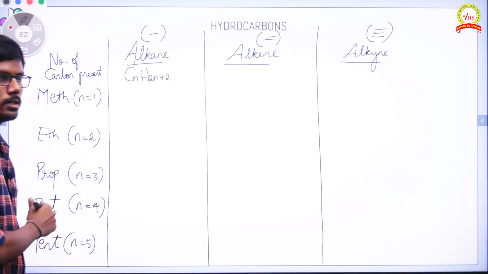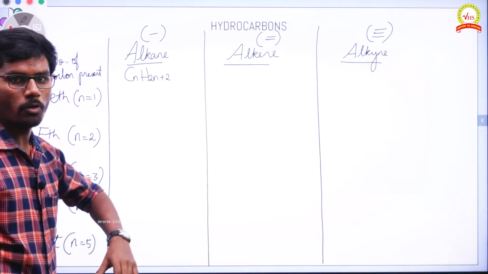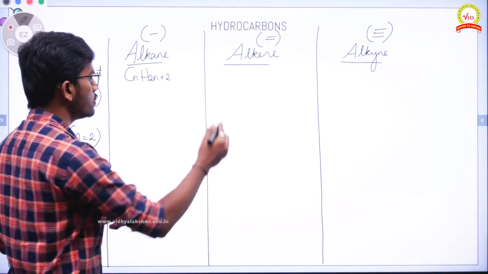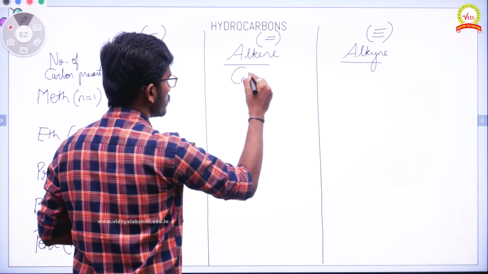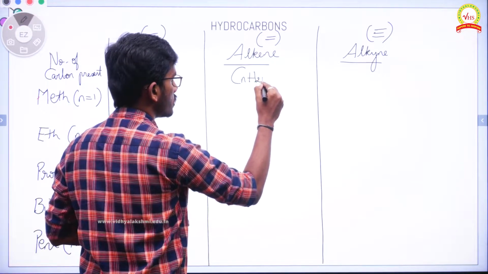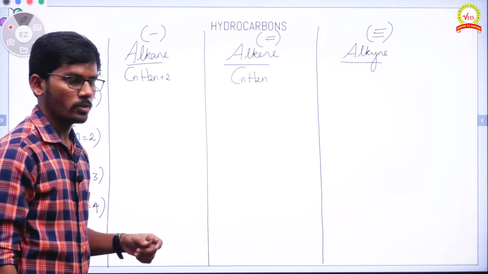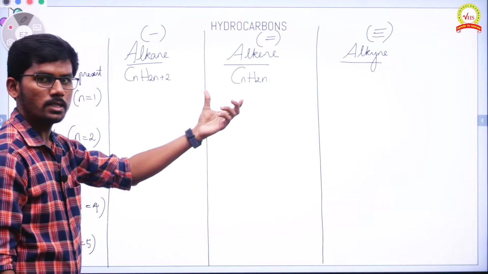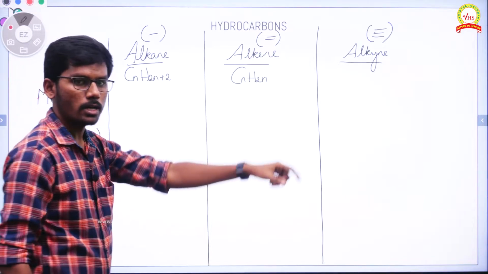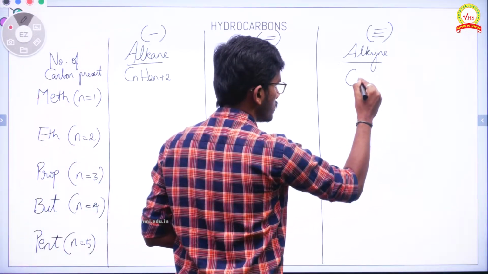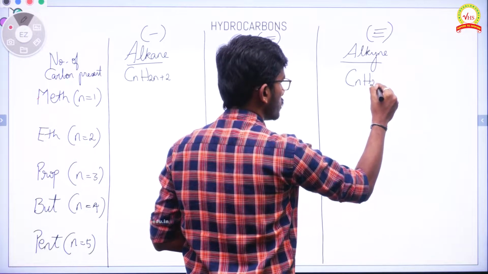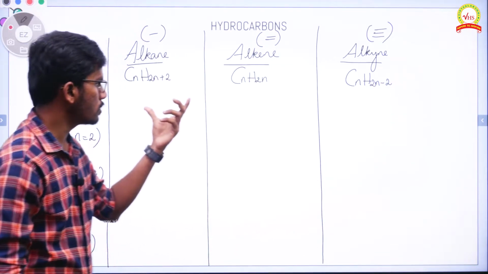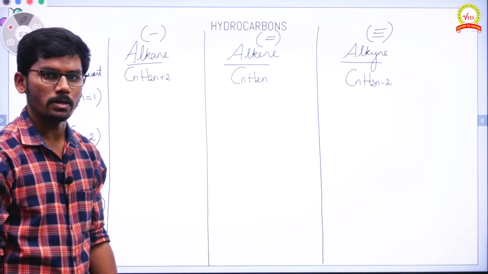Okay, so for alkane, the formula is CnH2n+2. In the same way, for the alkene series, the formula is CnH2n. That's it. So CnH2n+2 is for alkane, for alkene CnH2n, and for alkyne, it is going to be CnH2n-2.